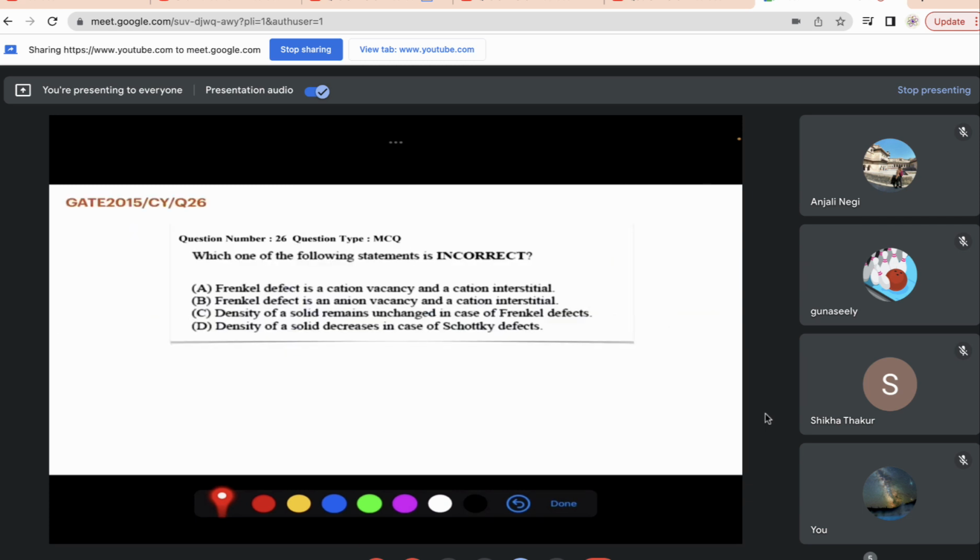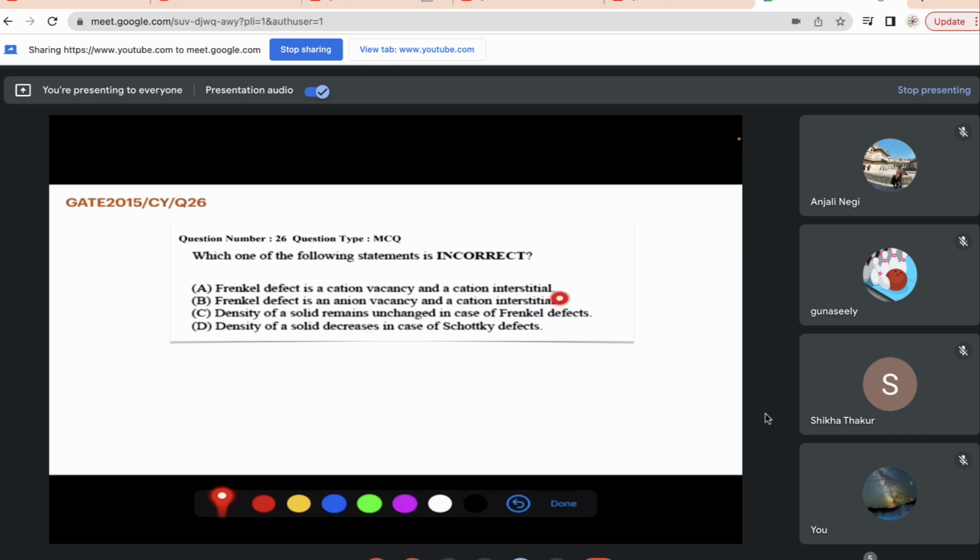Now coming back to our question, which asked which one of the following statements is incorrect. Option A, the Frenkel defect is a cation vacancy and a cation interstitial, which is correct, because the cation is vacated from its lattice point.